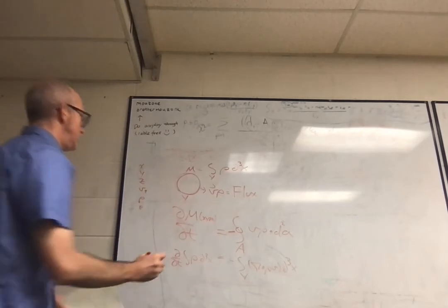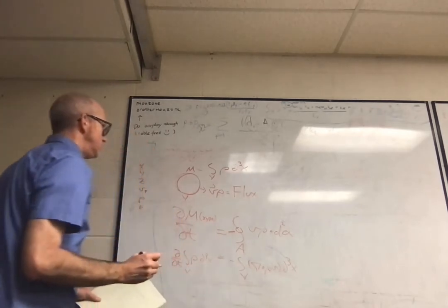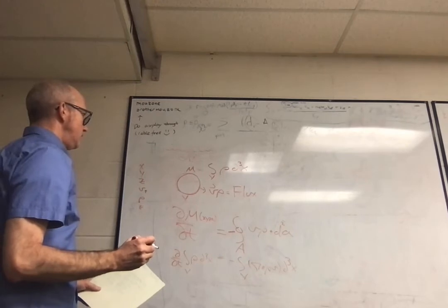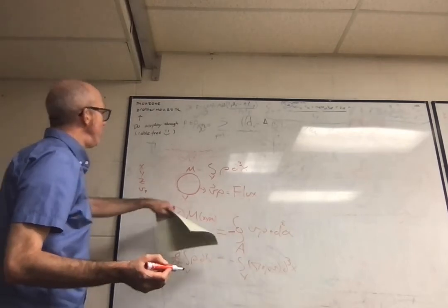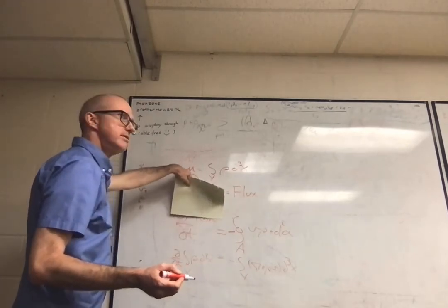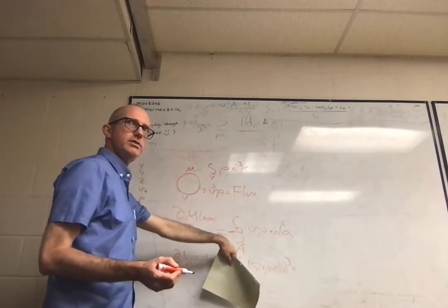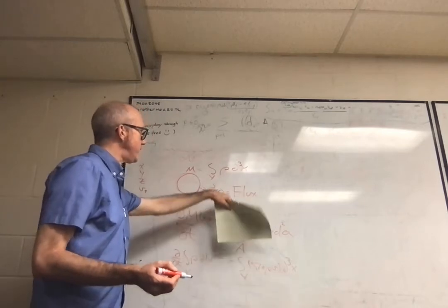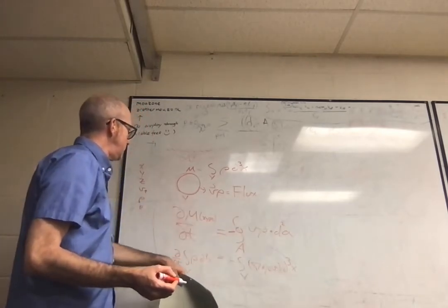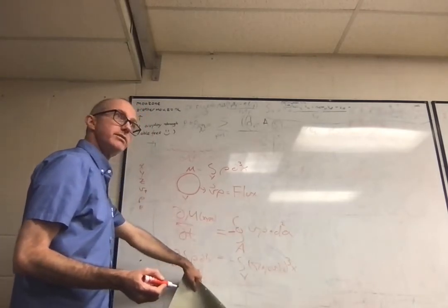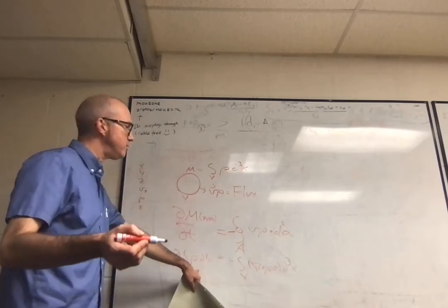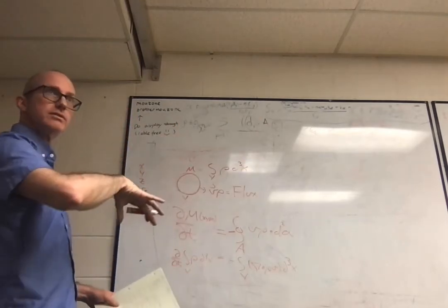Sweet. So what I did, I wrote down mass. I wrote down how I know it's got to change based on the flux. I make everything a volume integral. Now that everything's a volume integral, I can put it all under the same integral.